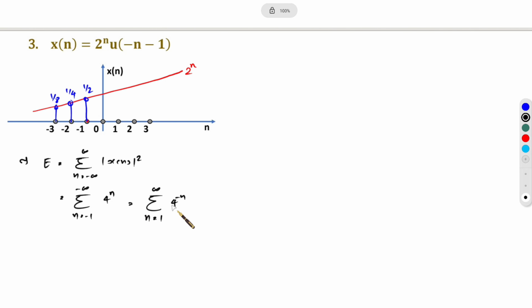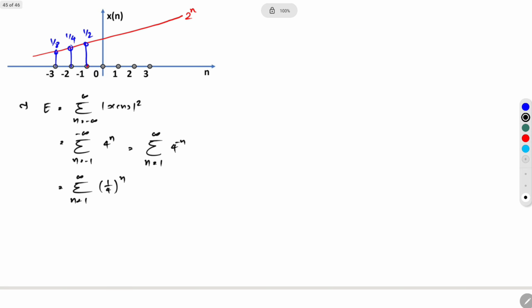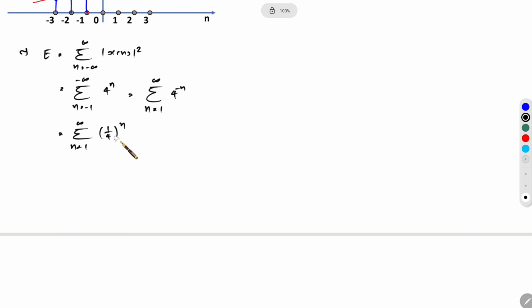So now we have summation where small n ranges from 1 to infinity, 1 by 4 to the power n. Now see, this value of a is lower than 1, so we can apply the equation of the series. But here we have a range from 1 to infinity. If you have a range from 1 to infinity of a to the power n, then that will be a divided by 1 minus a, provided a is lower than 1. This is the standard equation.